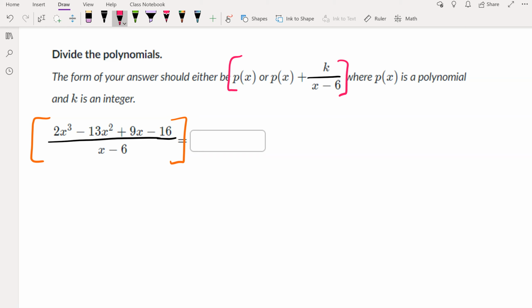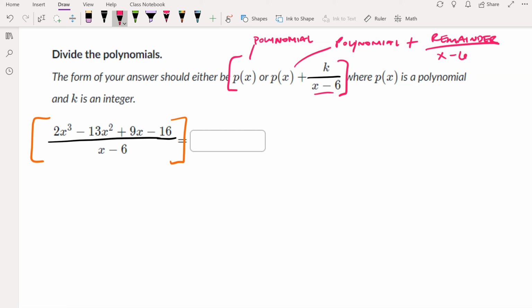And it's telling us you're either going to get a polynomial for your answer, which is p of x, or you're going to get a polynomial plus a remainder, because your remainder always goes on top, a remainder over whatever you were dividing by, x minus 6. So it's just telling you that's what your answer is going to look like.